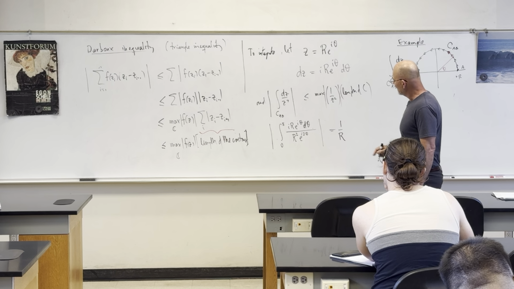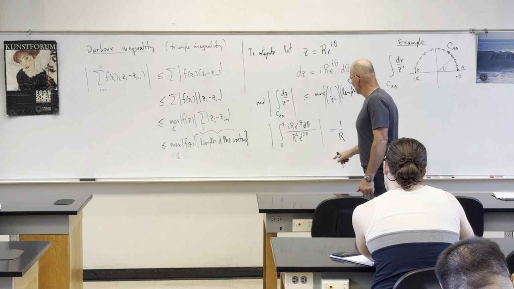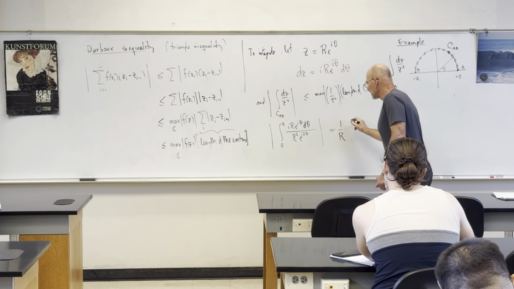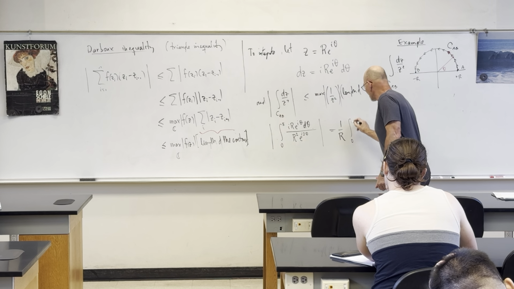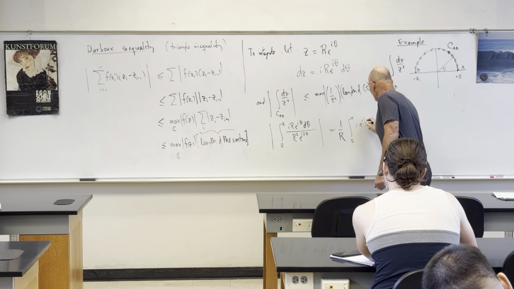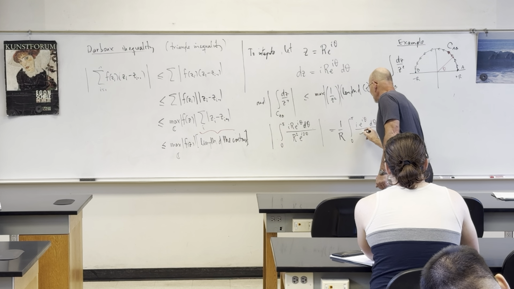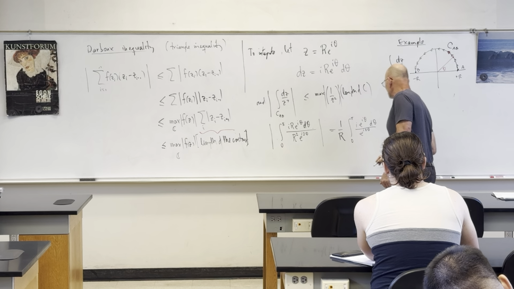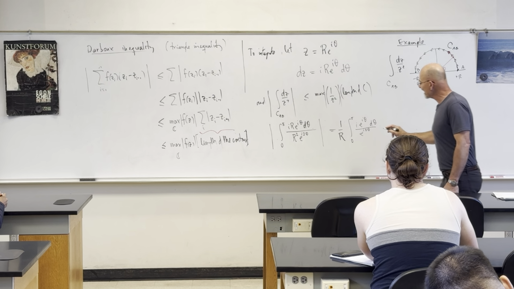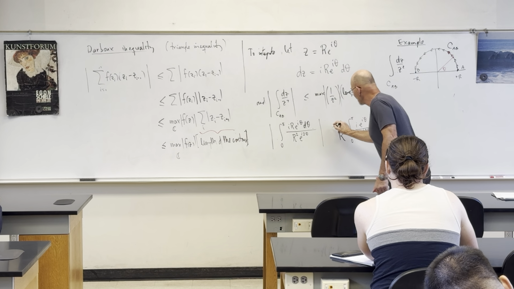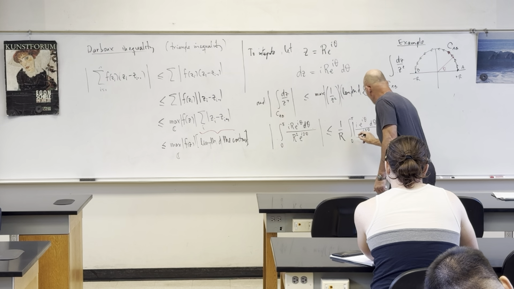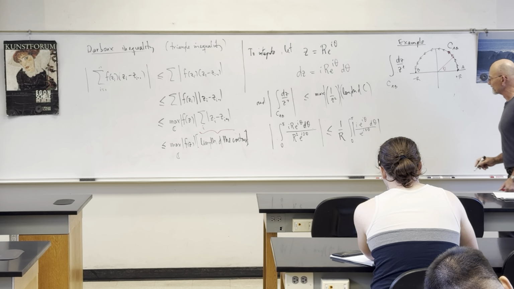What else do we have? Magnitudes. Let me go ahead and do this in 2 steps. We've got 1 over R, we've got the integral from 0 to pi of e to the I theta d theta over e to the I times 2 theta. So we're doing magnitudes, less than or equal to, now we're right there.